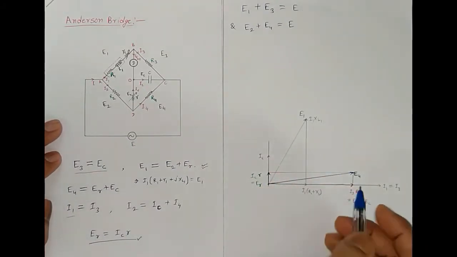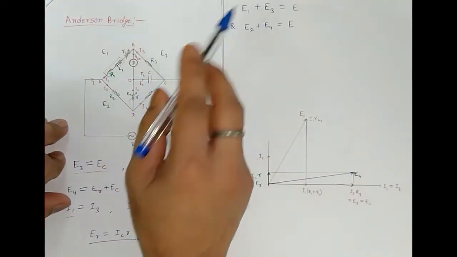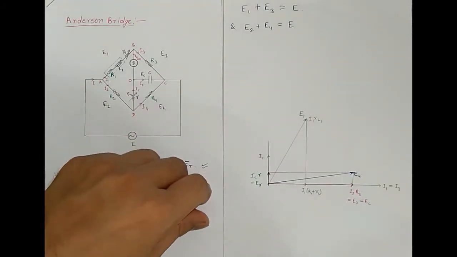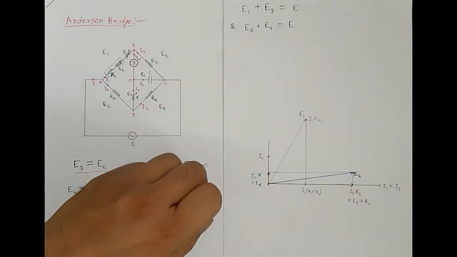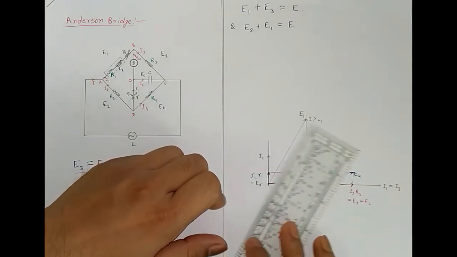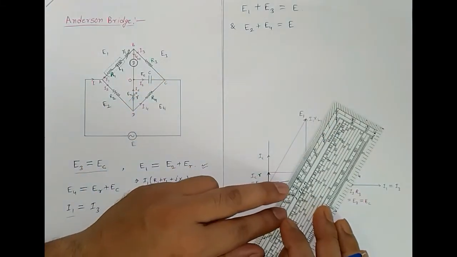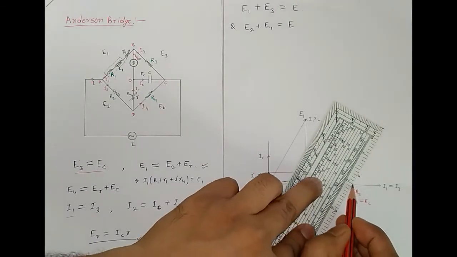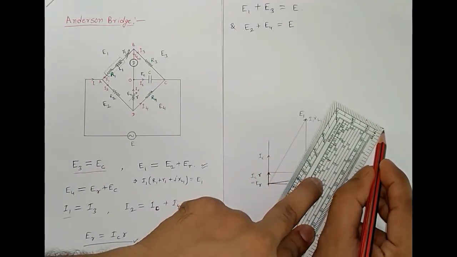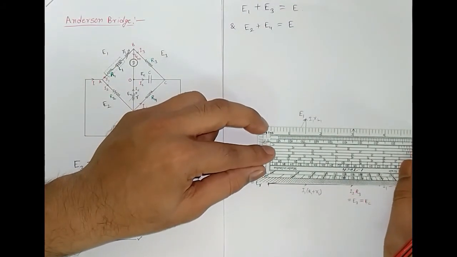Now E3 is this one. As we know, E1 plus E3 gives us E. So the summation of E3 plus E1 will give us E. According to the parallelogram law, draw a line parallel to this E1, that means parallel to this E3, and a line parallel to this line.